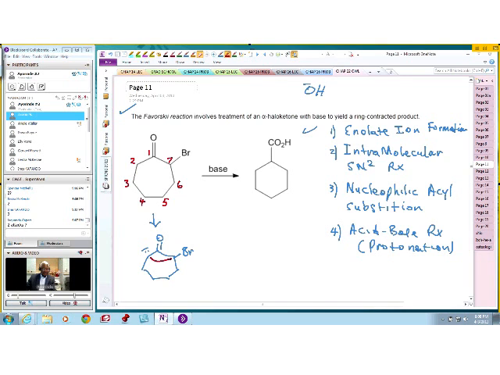So this carbon attacks this, and when that happens, this goes. So that is an intramolecular SN2. Okay, so what do we have here? So we have this. We follow this very carefully now.